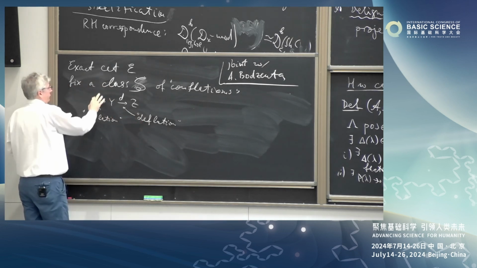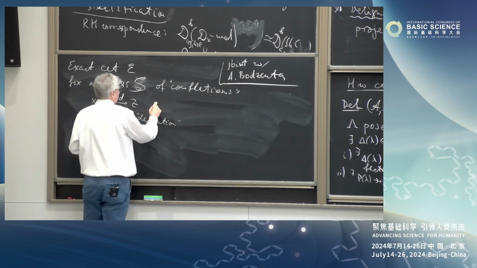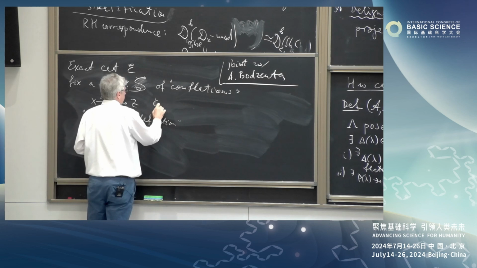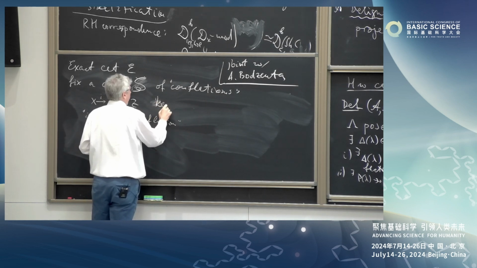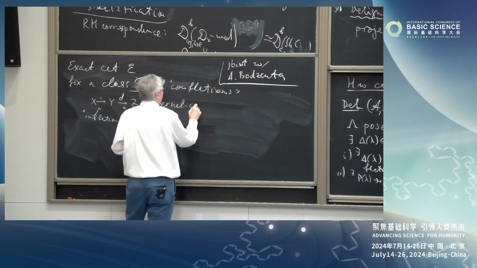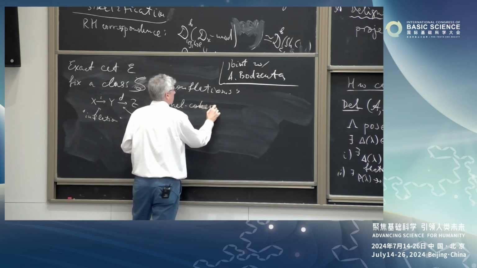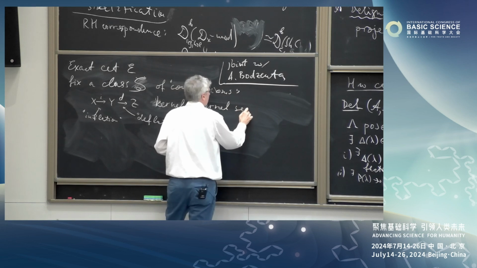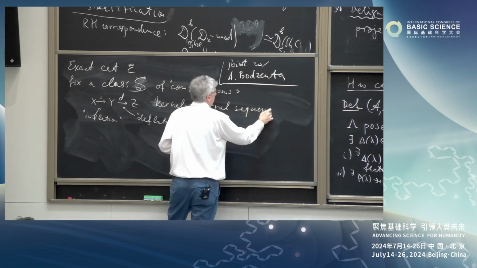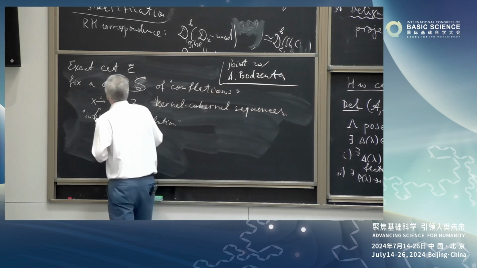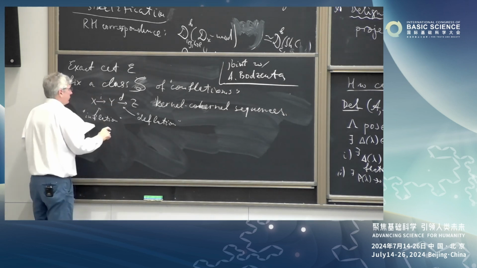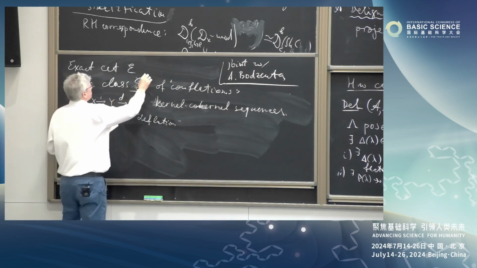So we fix some class. It should consist of so-called kernel-cokernel sequences, which means that I is the kernel of this morphism, and the category is additive.